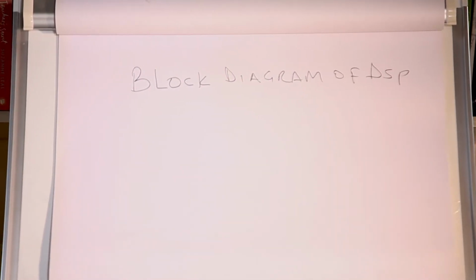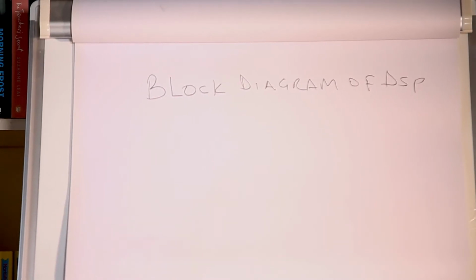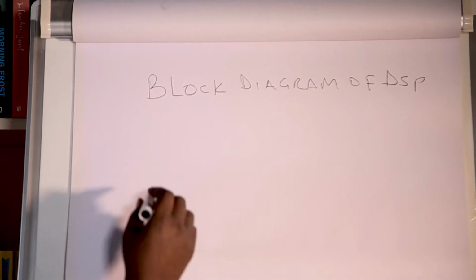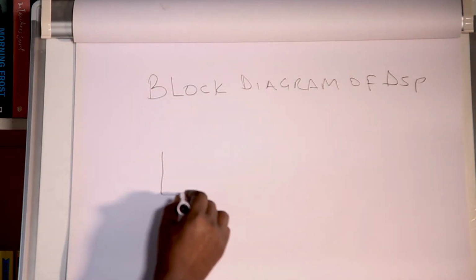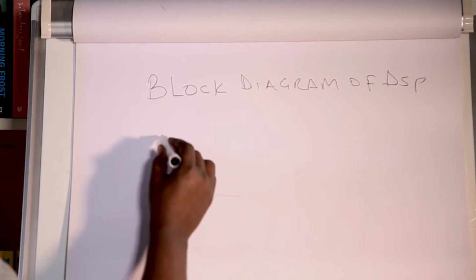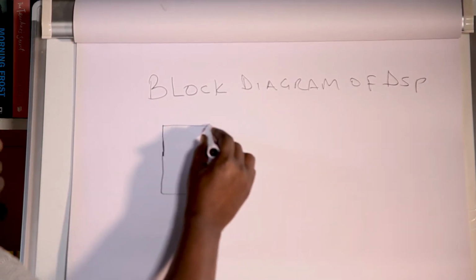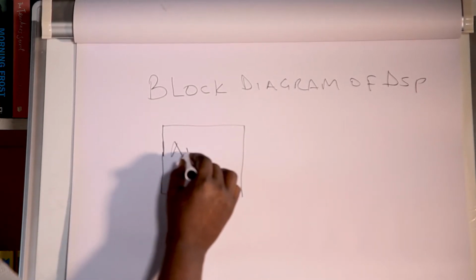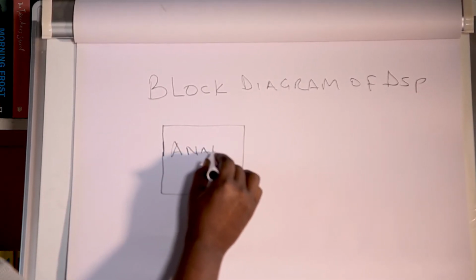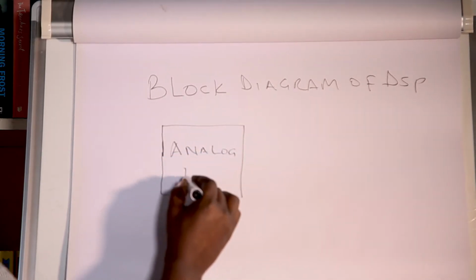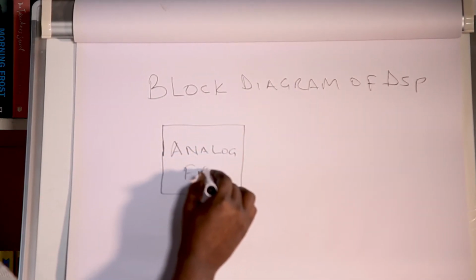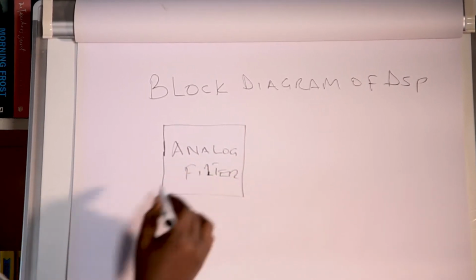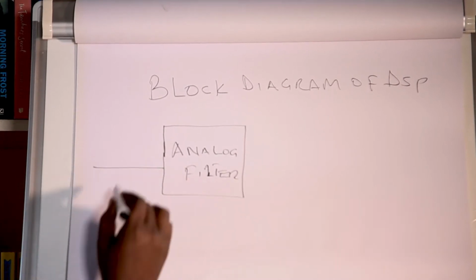So if you can remember very well, we have the input side, where in this case it's going to be an analog filter first of all. Here we have the input.